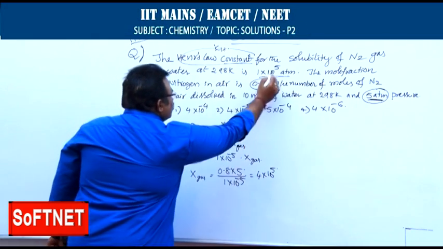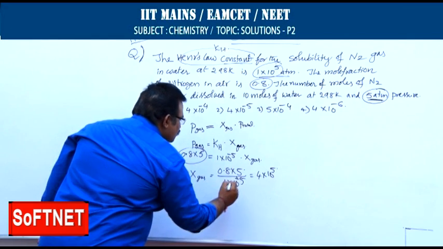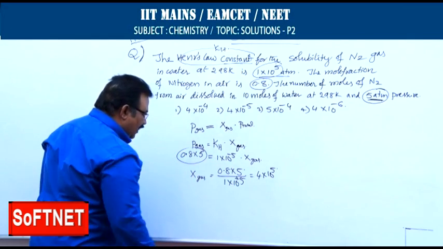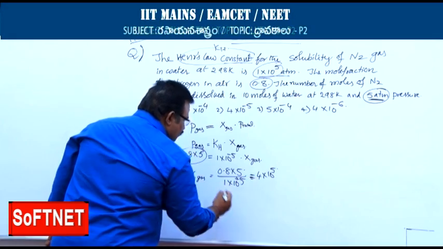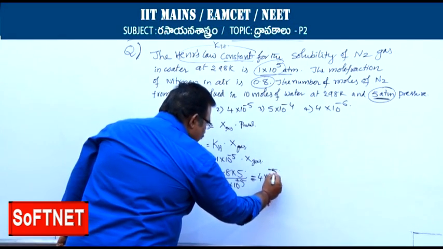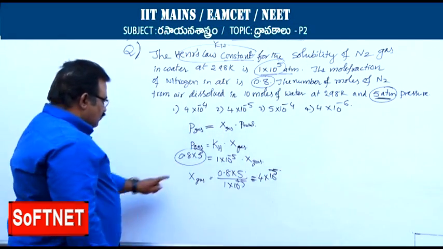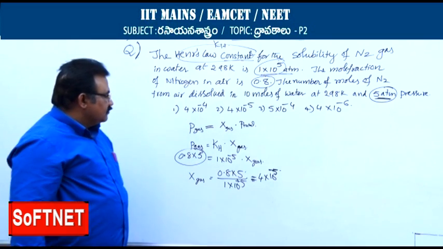Sorry, this is 1 into 10 power 5. So, here also 1 into 10 power 5. This gives 4 into 10 power minus 5. Mole fraction has no units.